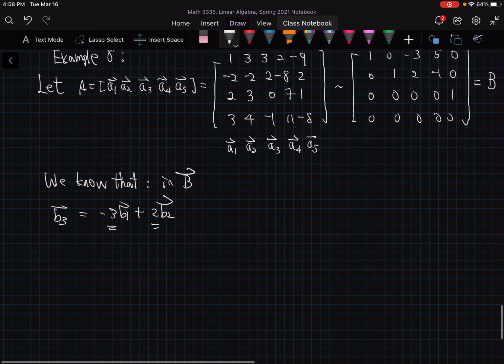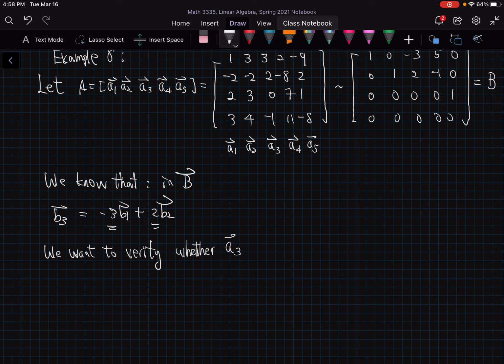We want to verify whether this is true for A: A3 equal to negative 3A1 plus 2A2. Is that true? Okay, let's try.